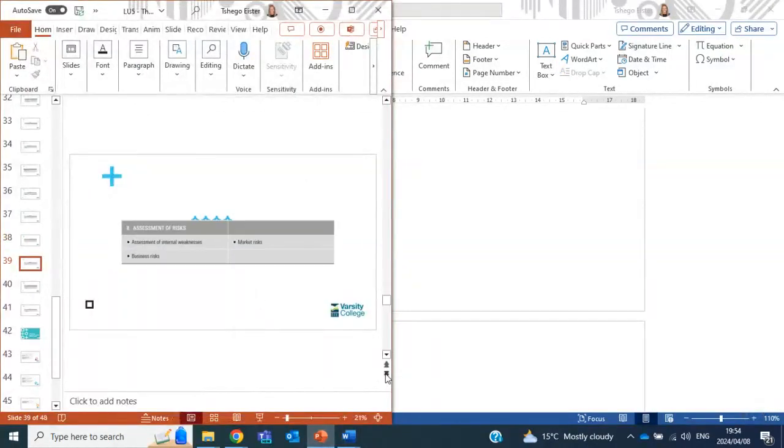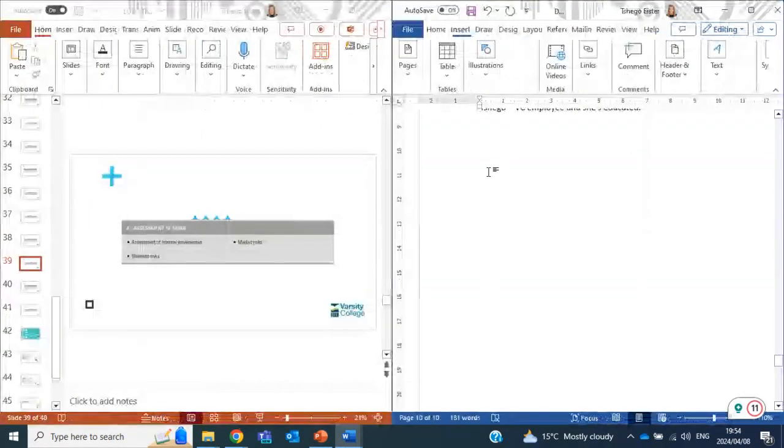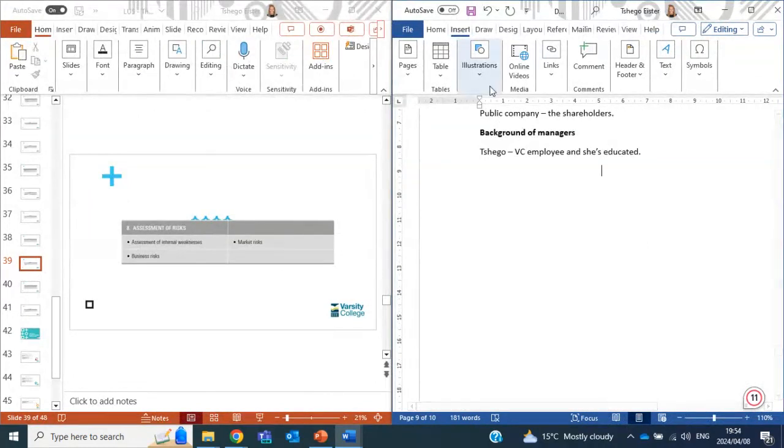Okay, then after the organisational plan, we've got the assessment of risk, and this chapter is insert page break.